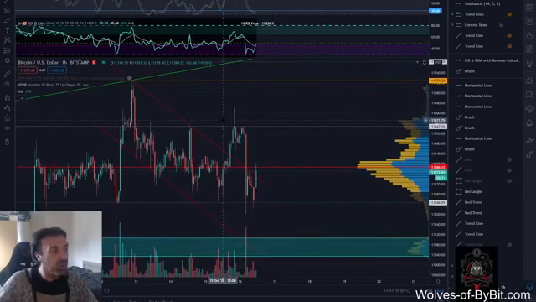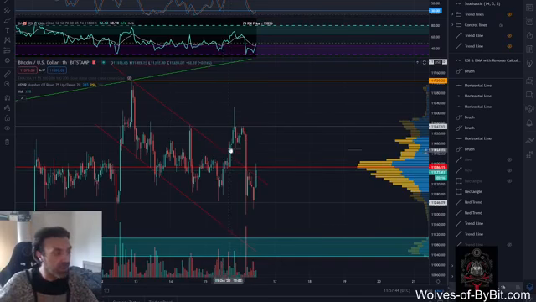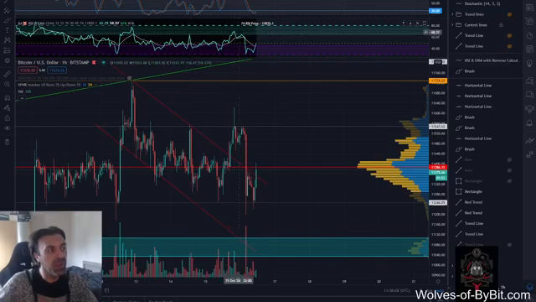Now, what did we say? The most important thing I mentioned was that if price closes lower than this one, making here a bearish divergence, that would have been bad.